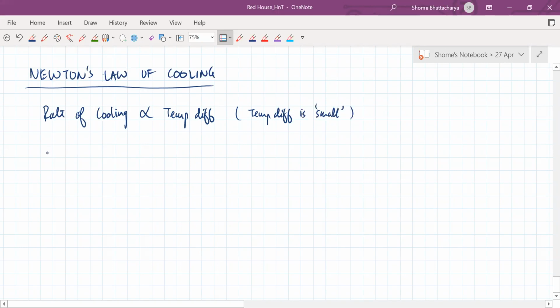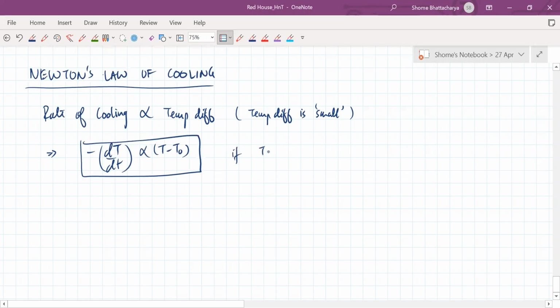So specifically here we say that the rate at which the temperature of the surface is dropping should be directly proportional to T minus T naught, provided T minus T naught is small compared to T naught. Okay, so that is the meaning of this.